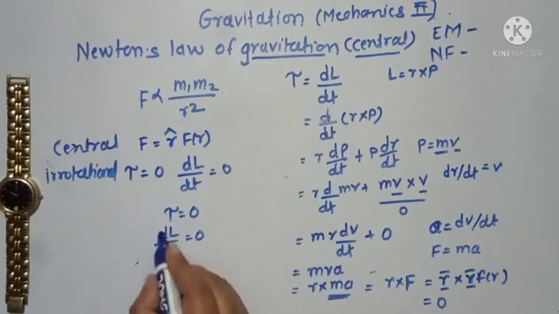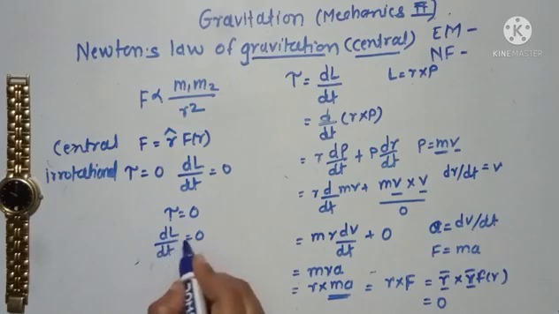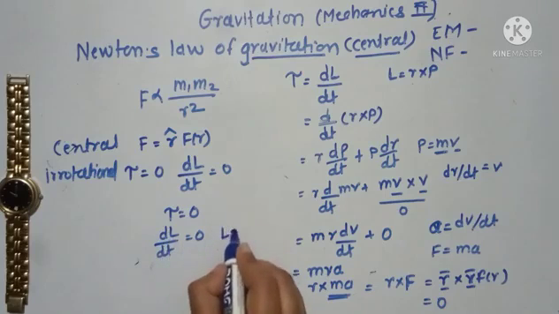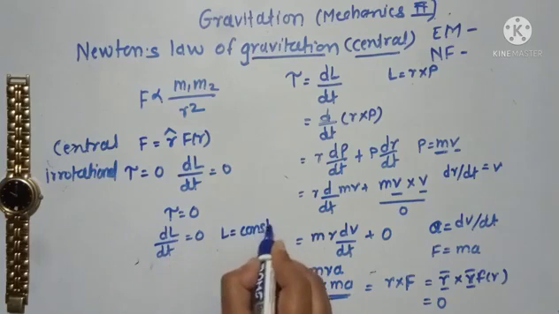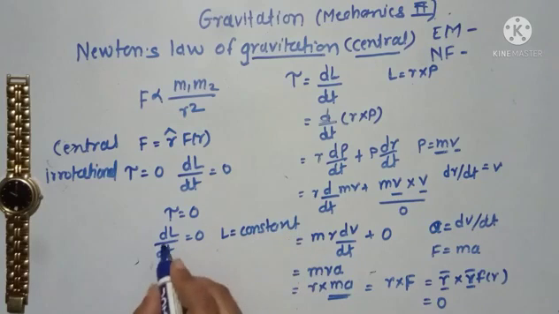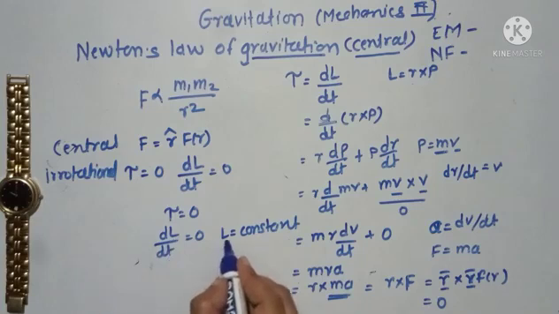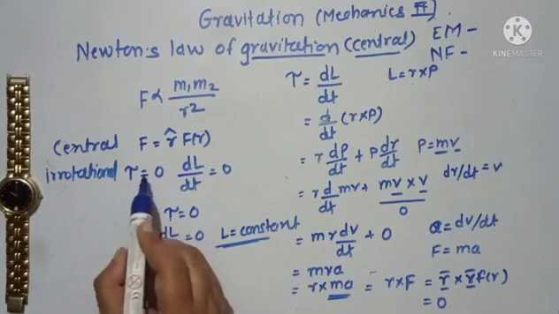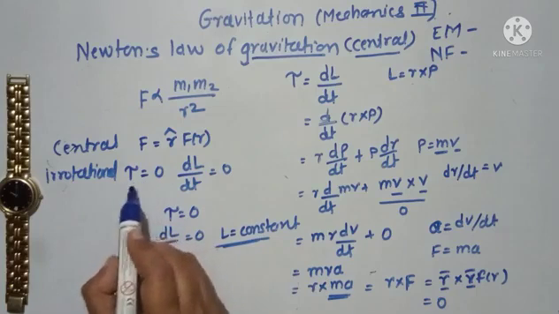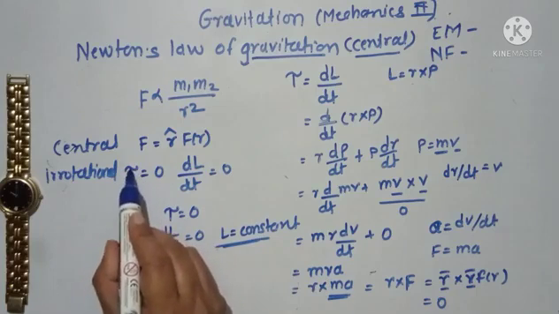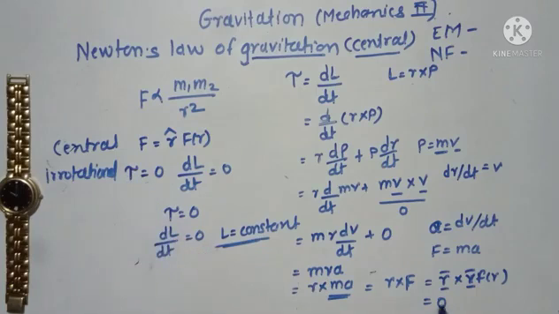When the derivative of some term is 0, then that term is said to be constant. So the angular momentum is constant: dL/dt is 0, therefore L is equal to constant. This type of force is called an irrotational force, because in this force the tau value comes out to be 0.